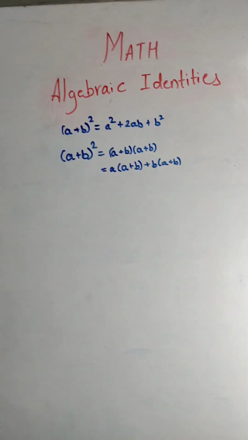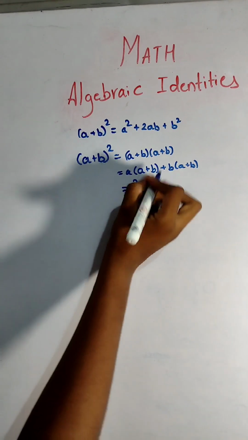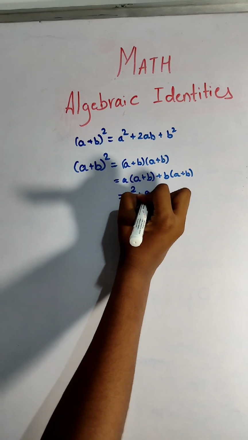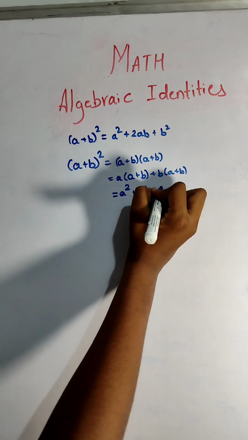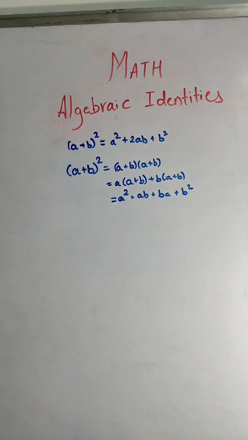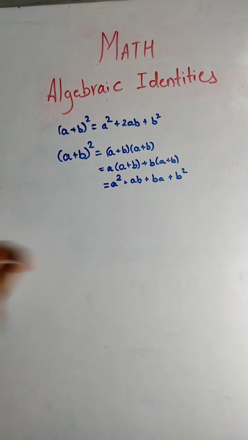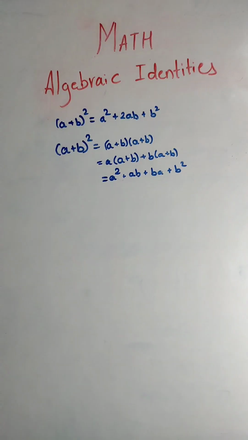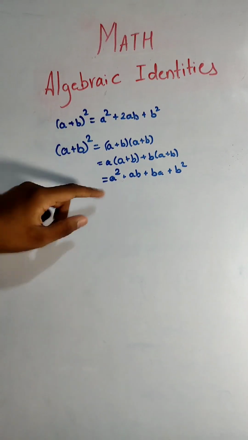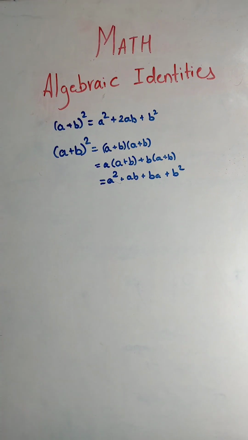Correct? So now we can write this again as A square plus AB plus BA plus B square. As variables can come in either order, AB and BA add together and give us 2AB, which means this identity stands true.